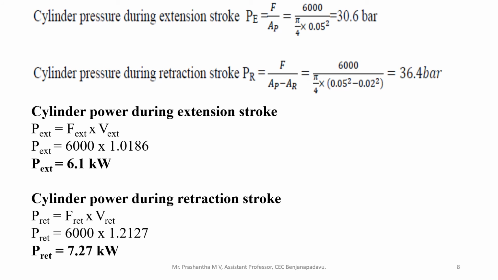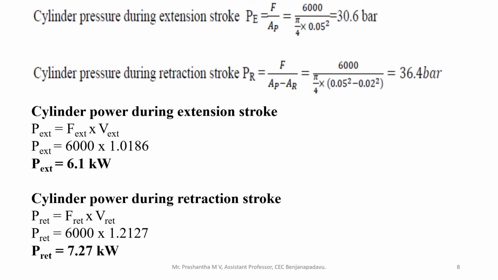And similarly, cylinder power during retraction stroke, that is power during retraction equals force into velocity. Force during retraction into velocity during retraction. So P retraction equals 6000 into 1.2127 meter per second.